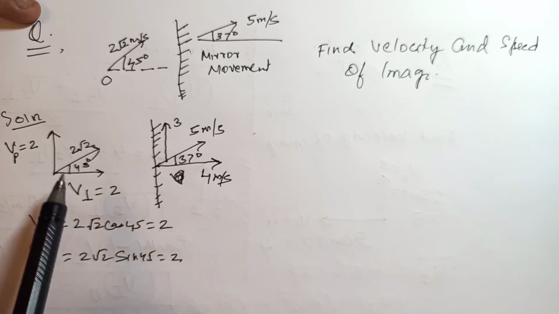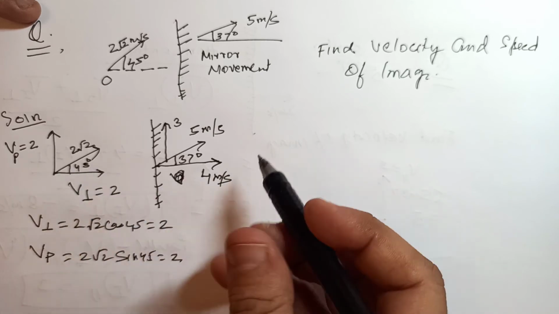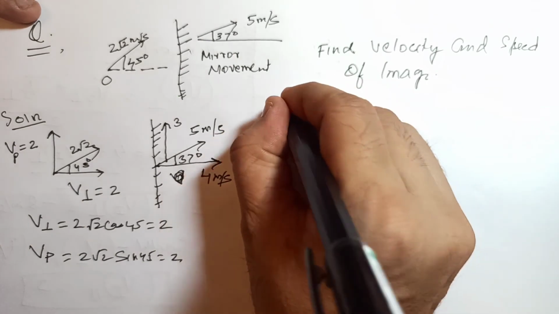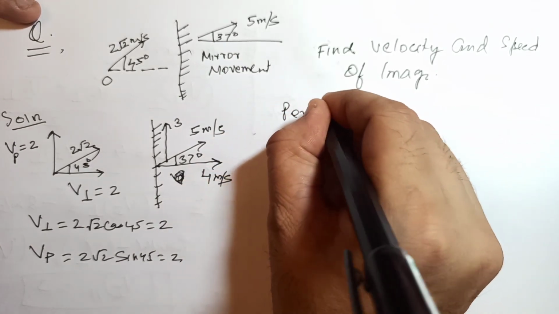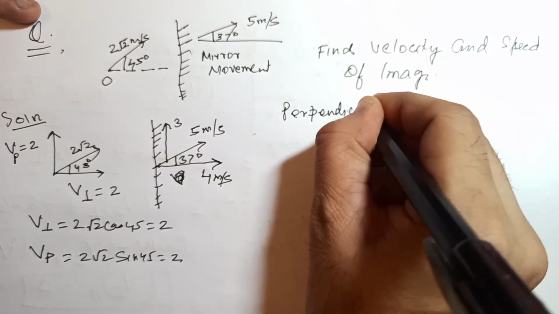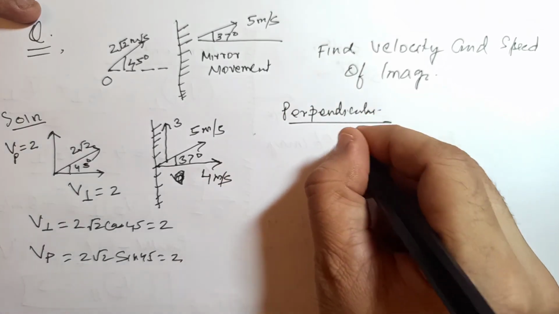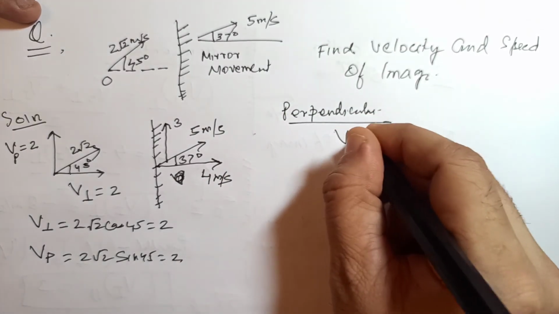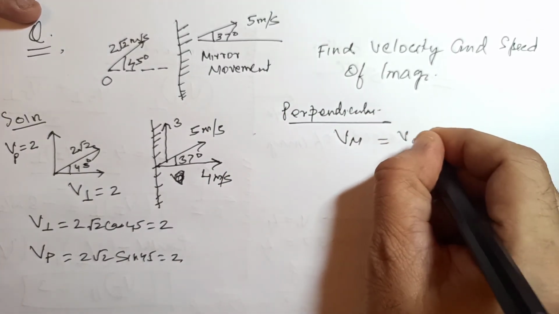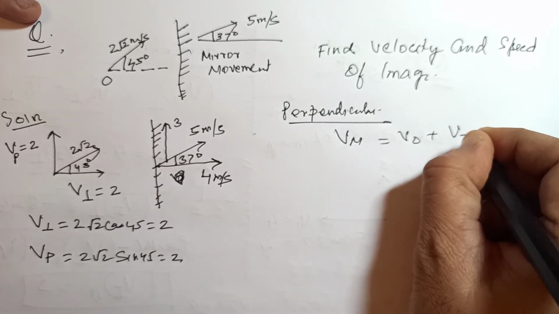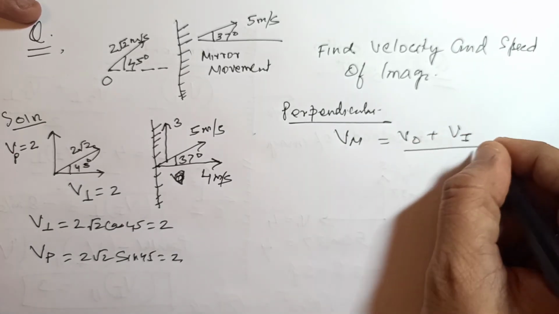Very simple. Now let's first talk of perpendicular. For the perpendicular, we know this formula, Vm is equal to V naught plus V image by 2.